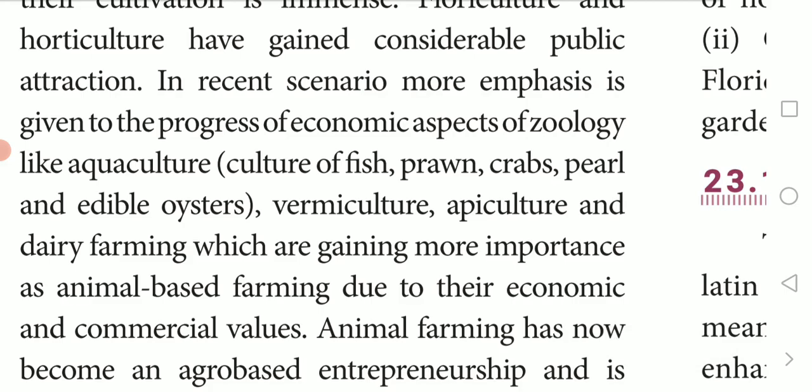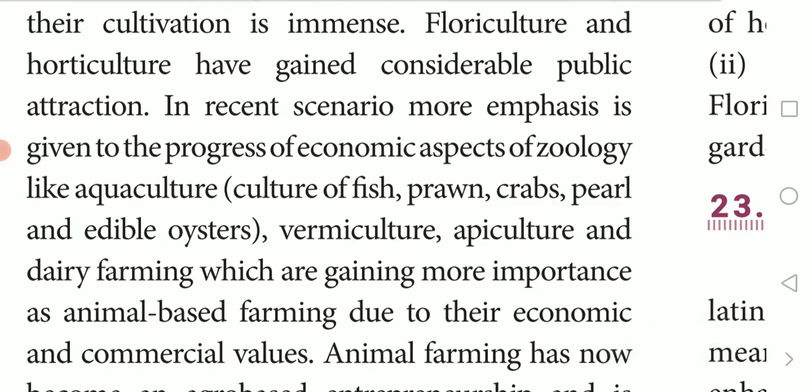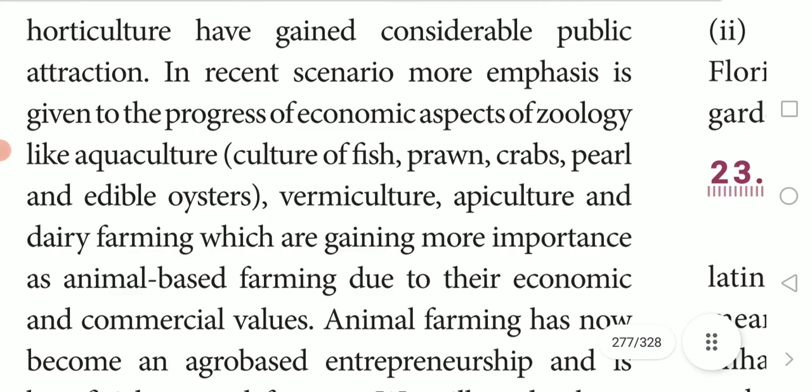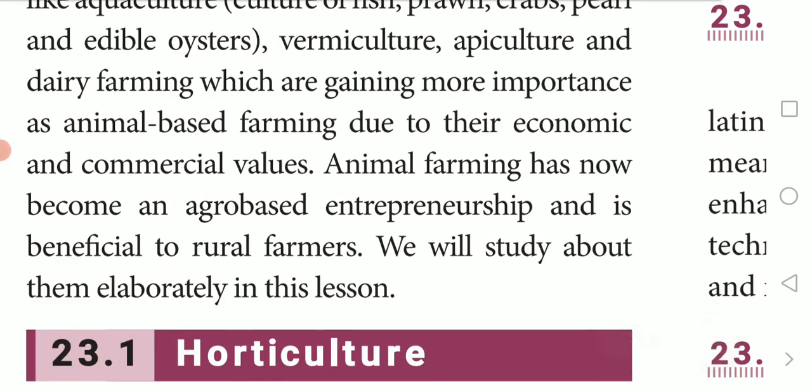So a human being gets benefits not only from the plant side but also from the animal side, like vermiculture, apiculture, dairy farming. All these farms are done with the help of animals and insects. So that's what they say in the introduction part.